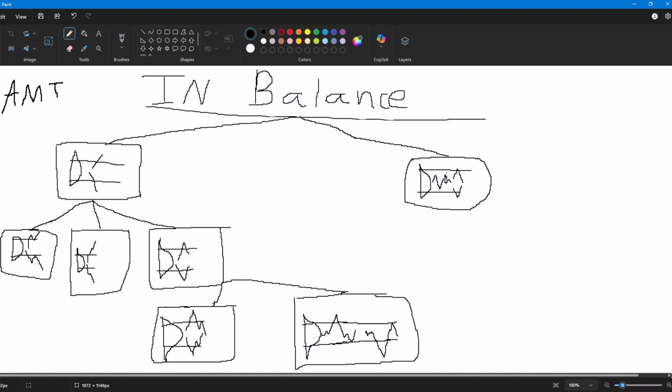So we're in balance. Now the next option is we break the balance. Once we break that balance, we now have three things that can happen. These two are very similar. Essentially, we break it and we can just keep running, no entry until we get to the next balance setup, and I'll talk about that.